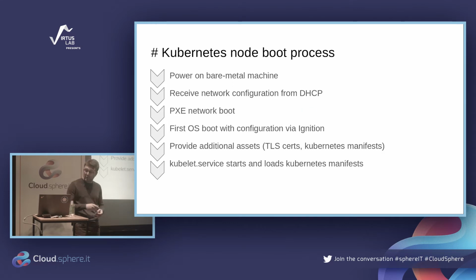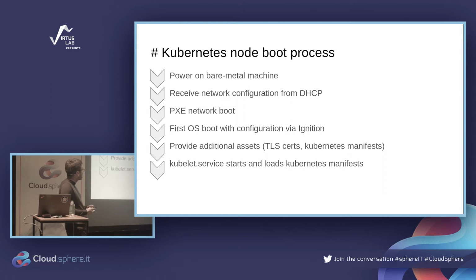After we covered all building blocks needed to bootstrap, let's take a look at the Kubernetes node boot process. Obviously we have to power on the bare metal machine, receive network configuration from DHCP, and then we can start booting over the network using PXE.